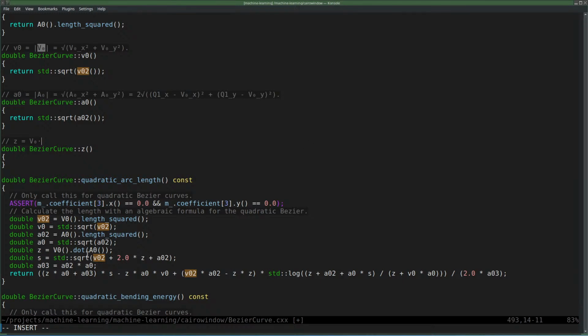Dot A0, which is V0X times A0X plus V0Y times A0Y. That's how the dot product works. And then we fill in again what that is.